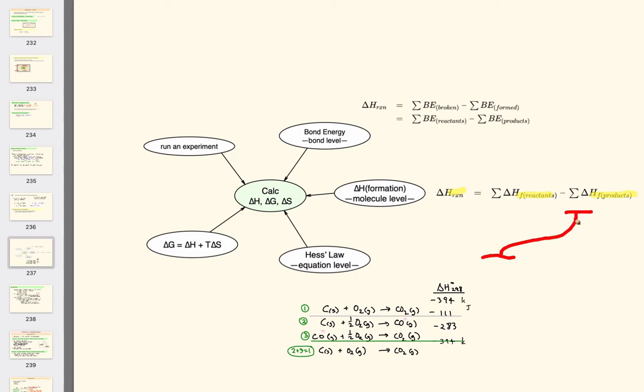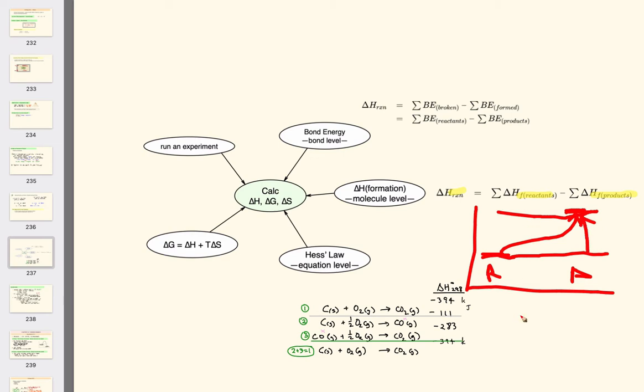So there's your reactants and there's your products. It took a certain amount of energy to form these, and a certain amount of energy to form these. Guess what the energy of your reaction is? The total amount of energy it took to form these minus the total amount of energy it took to form those. Hey, that is my reaction. Heat for the reaction. So it's kind of cute. That's just a picture of what that means.